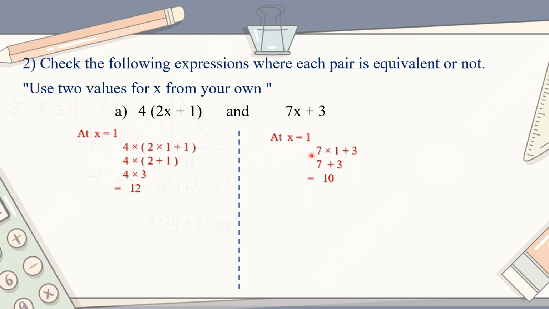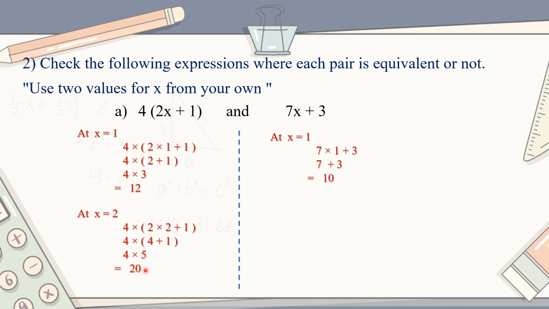In the second expression, at x equals 1, 7 times 1 plus 3. 7 plus 3 equals 10. So we have different values. At x equals 2, 4 times (2 times 2 plus 1). Inside the parentheses, 2 times 2 equals 4, plus 1 equals 5. So 4 times 5 equals 20.